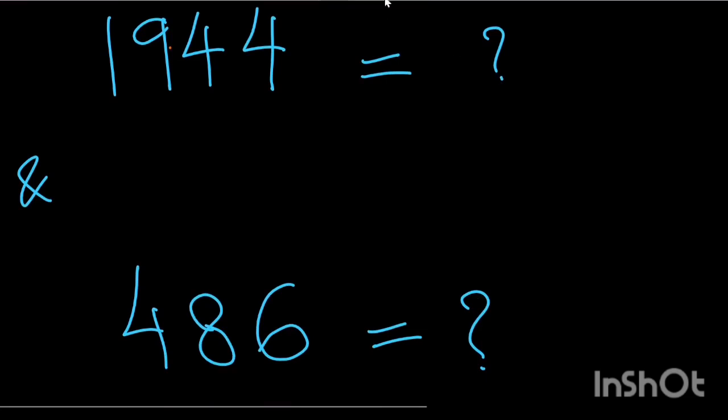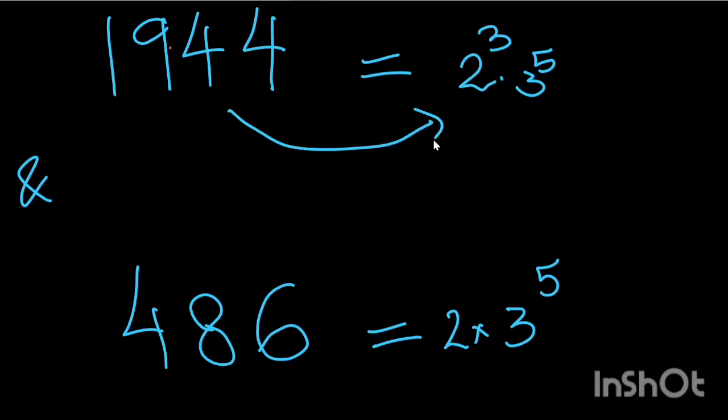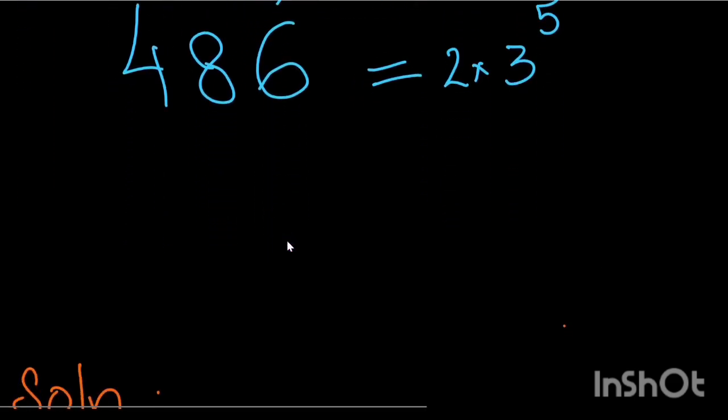If you factorize these two, it will take a few minutes, and you will get the factors: 1944 is 2 cube 3 to the power 5, and 486 would be 2 into 3 to the power 5, guys. Then we will substitute it and solve.